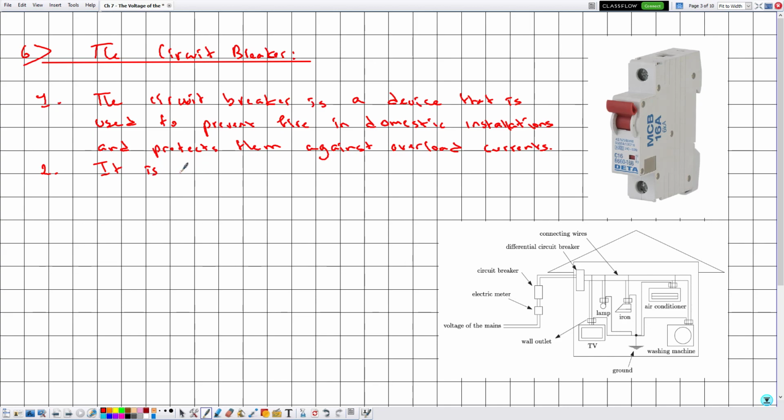It is usually installed across the wires leaving the electric meter and entering our house. Or entering the house.